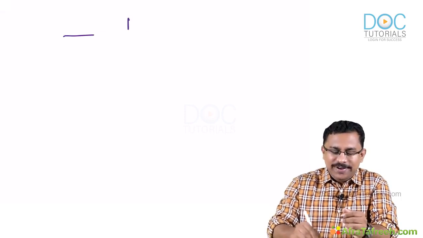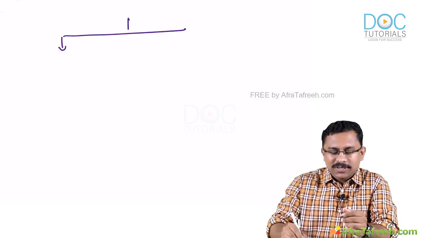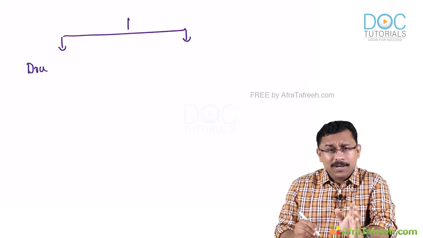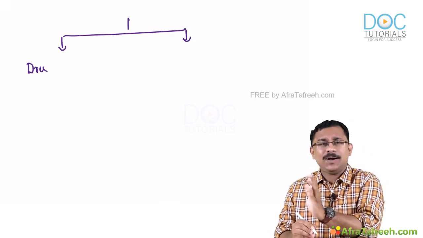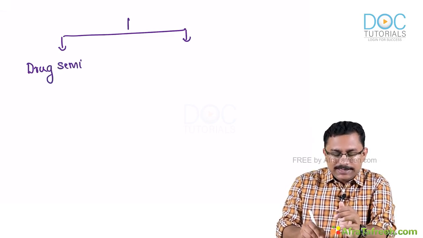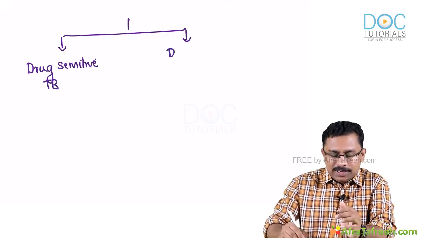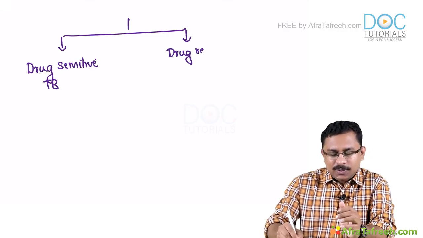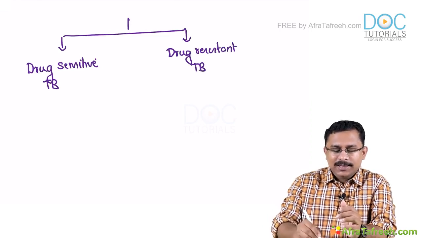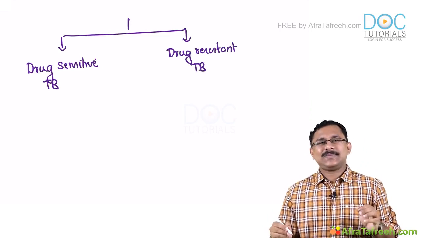There are just two divisions, whether it be pulmonary TB or extrapulmonary TB: one is drug sensitive tuberculosis and the other is drug resistant tuberculosis.